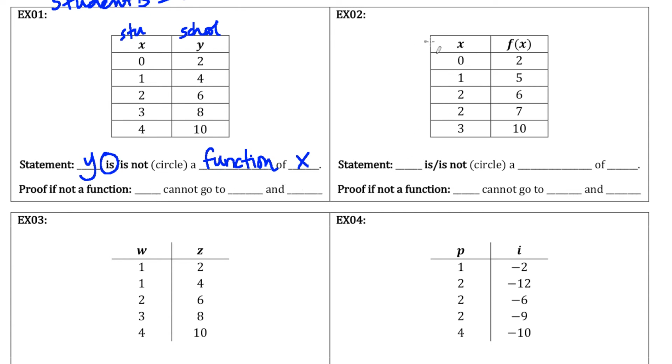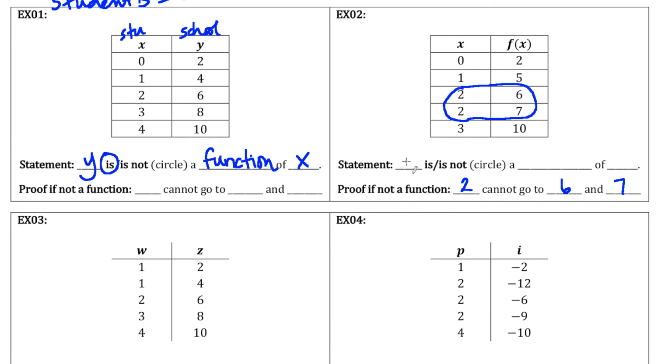All right, so example number 2. This student goes to school 2, this student goes to school 3, this student goes to school 6. The same student, student number 2, goes to school 6 and 7. That's not possible. So it's not a function. So 2 cannot go to 6 and 7.